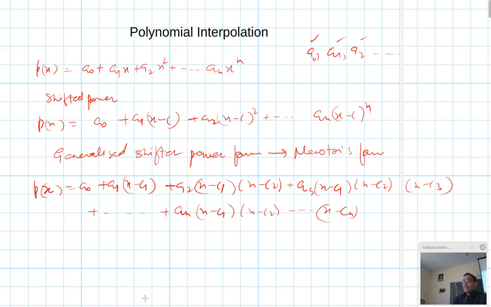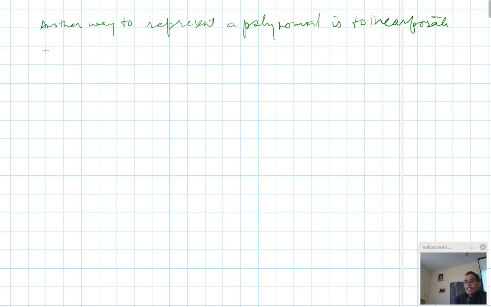There is a different way to represent a polynomial, that is, to incorporate every data point, meaning every data point given in the experiment.